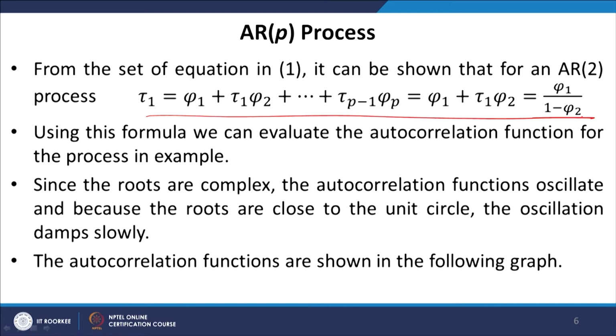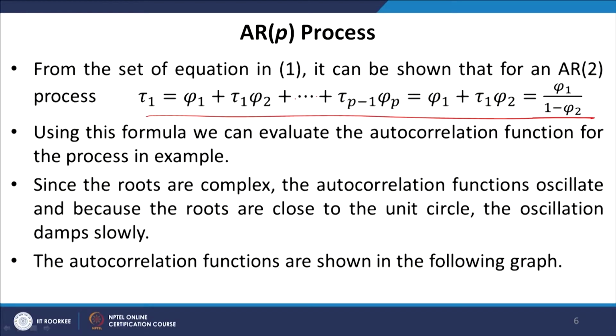From the set of equations in 1, it can be shown that for an AR2 process, tau 1 can be obtained as phi 1 divided by 1 minus phi 2. Now, you remember that if it is an AR2 process, we have only two coefficients, phi 1 and phi 2. Higher coefficients are non-existent and that is why we can call them 0. So, setting any higher phi to 0, my equation gets truncated here.